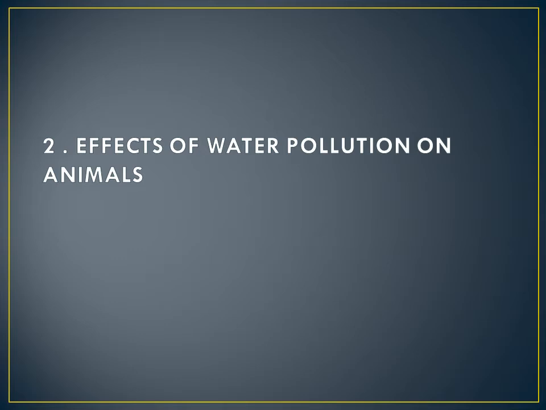Pupils, dissolved chemical substances in water may harm or even kill marine animals. Pupils, oil spillage blocks air from entering the water. This may suffocate and eventually kill animals that live in water.